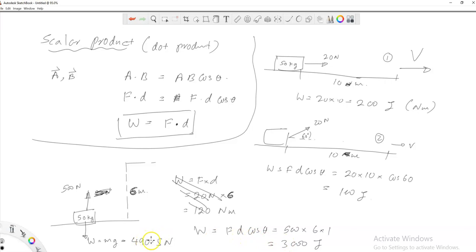If you apply the exact amount, 490.5, you can still lift it. It will move 6 meters, but it will be a slow, constant velocity process. You are just overcoming the weight, so you can't accelerate. It's going to be a very slow process, hard to determine how much time it's going to take.